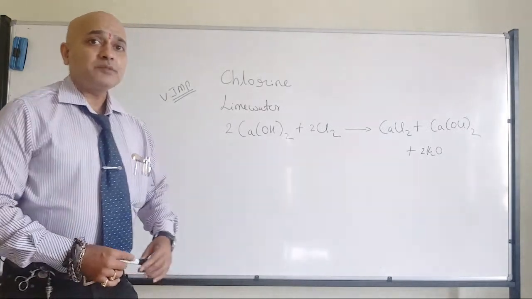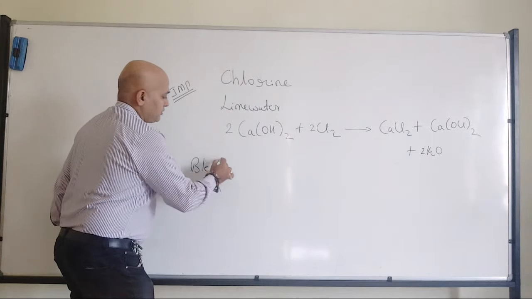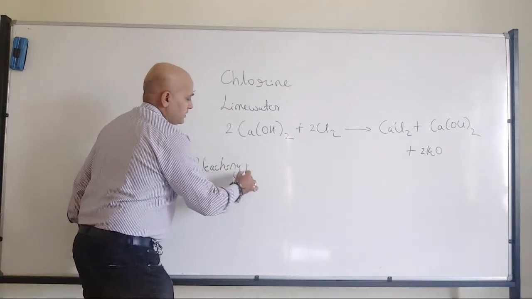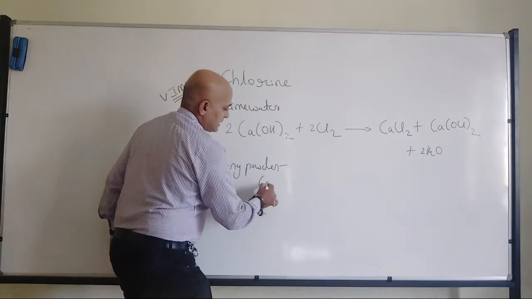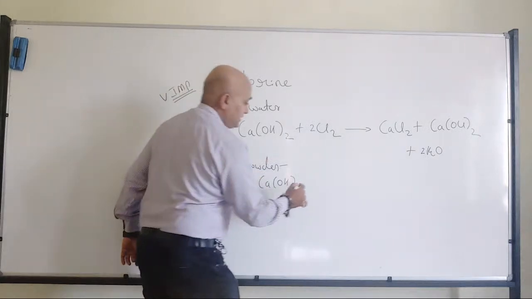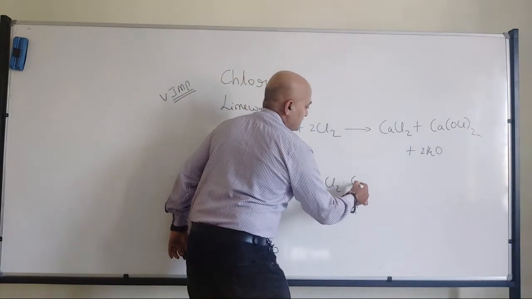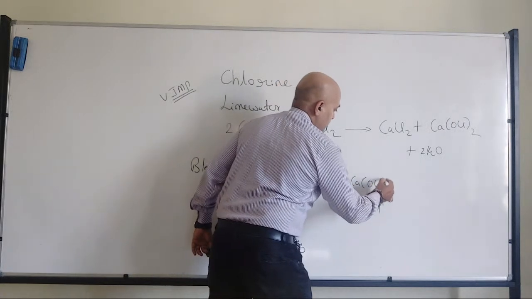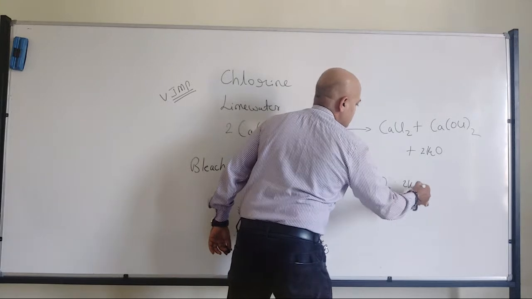So now when it comes to bleaching powder, the composition of bleaching powder will be calcium hydroxide, means leftover reactant, with calcium chloride, with calcium hypochlorite and water.